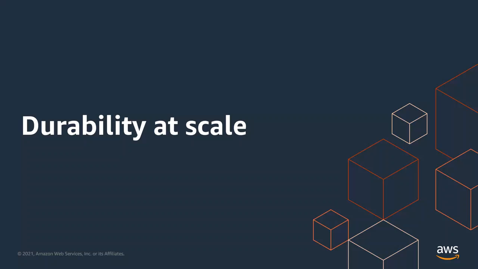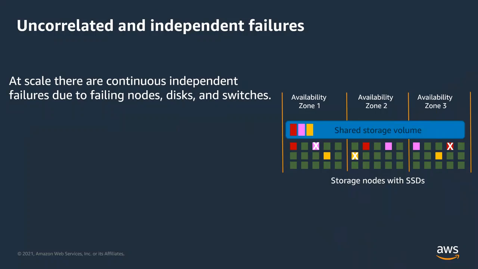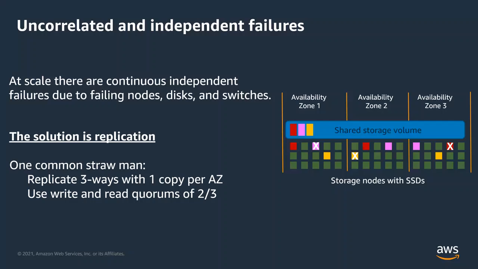Let's look at how we achieve scalability. I already introduced that when we deal with hundreds and thousands of machines, there might be some sort of failures: network failures, machine failures, SSD failures. There can be any failure that can happen, and they might be independent of each other.